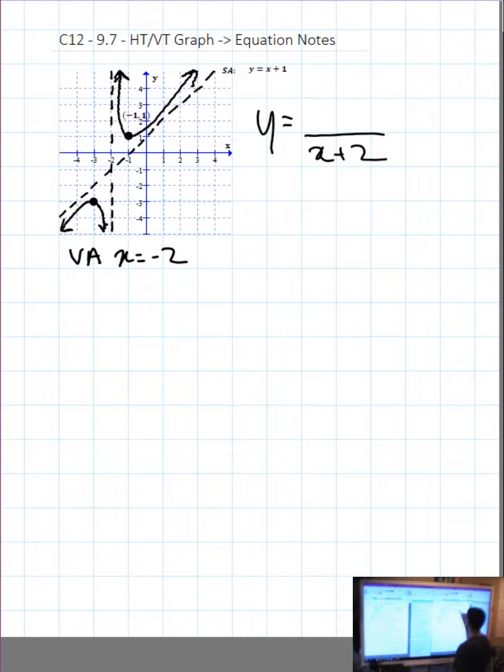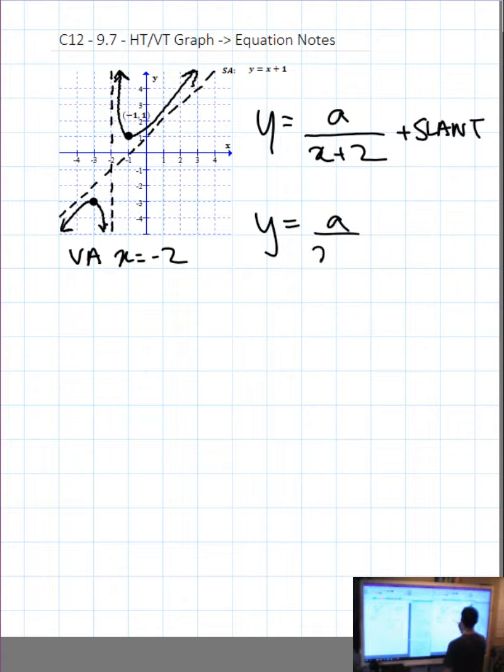Now we have an a value on the top, which we'll find eventually. Now we always put the slant off to the right. So y equals a over x plus 2 plus the slant. Now the slant equation is x plus 1, so that goes there.